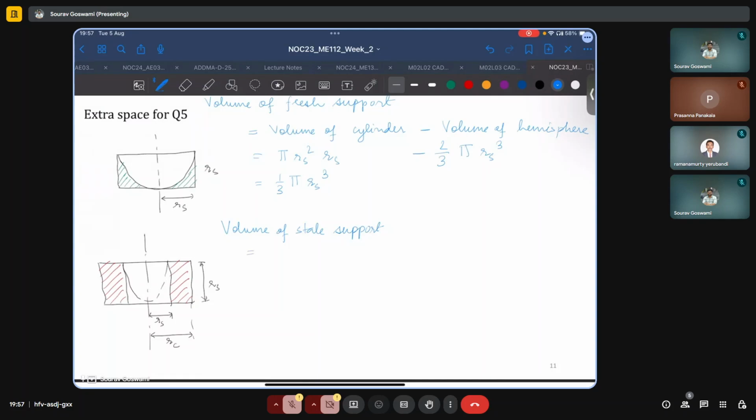Volume of the outer cylinder minus volume of the inner cylinder.